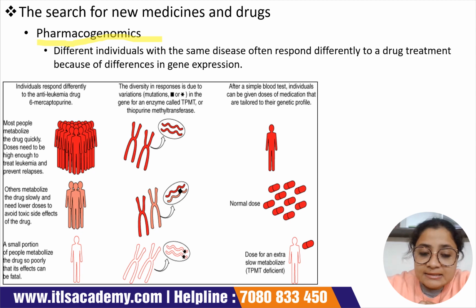And in that case, it's very important that we also have a fair amount of idea about the genetic makeup of the patient. Because no matter what kind of drugs, what kind of condition, or what extent of the disease a particular person is facing, say for example we have a sample size of 10 patients, and we are administering the same drug to all those 10 patients, because obviously all of them are suffering from pneumonia.